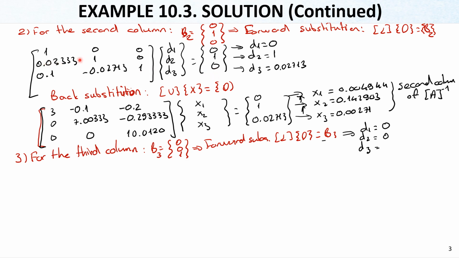So D1 is 0, D2 is 0. Yes, this should be 0. And D3 is 1 divided by minus 0.02713. So, and we are going to use this now for the back substitution.